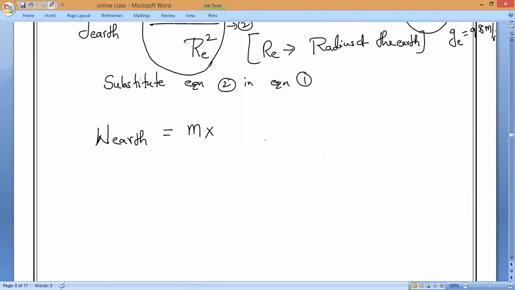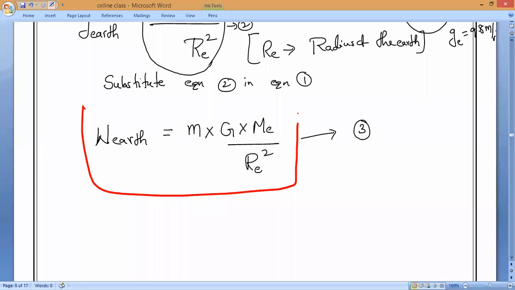So it is capital G, capital ME divided by RE square. Let me take this as equation number 3. Now I'm going to make a box for this because we are going to find the relationship between weight on earth and weight on moon.